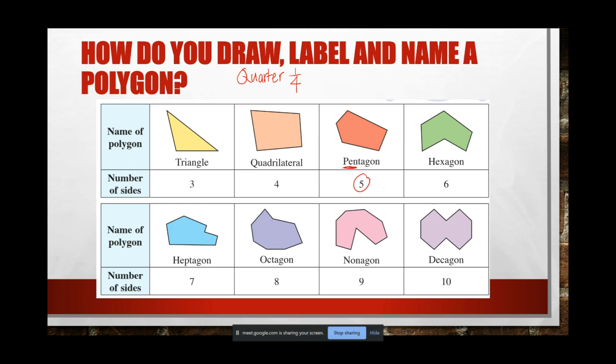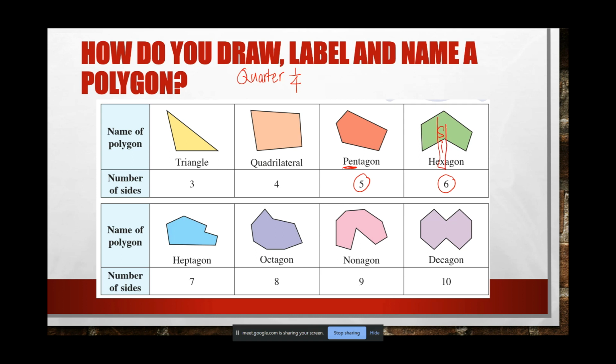And then hexagon. To memorize hexagon that has 6 sides, you can see here 1, 2, 3, 4, 5, 6. So just remember the word hexagon, 6.